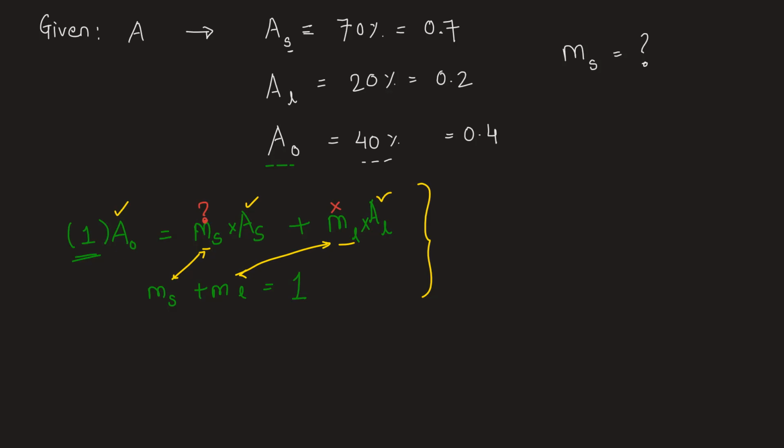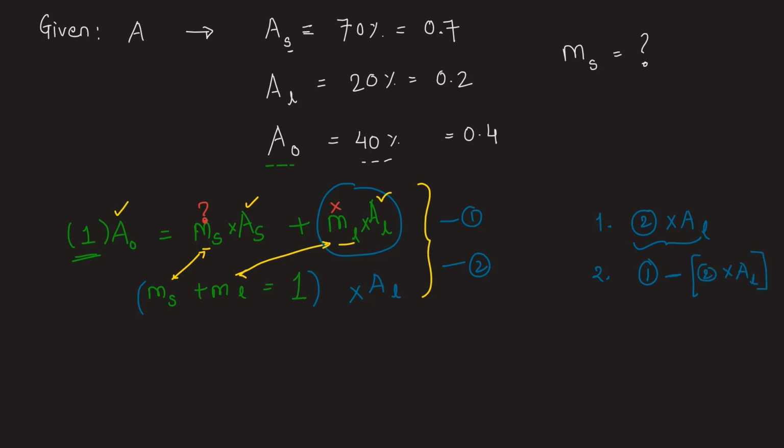So to solve this, we can multiply the second equation by AL because we are aiming to eliminate this term. So multiplying the second equation by AL and then subtracting: operation number 1 is second equation into AL, and operation number 2 is subtracting this product from the first equation. Basically we are solving 1 and 2 simultaneously.